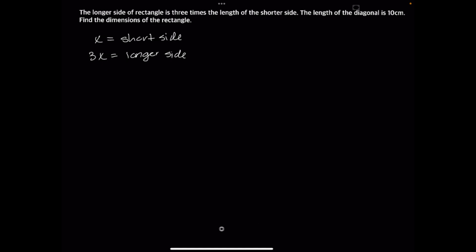What we do now is set out the Pythagoras theorem. So a squared plus b squared equals c squared. In this we have a equals x, b equals 3x, and c equals 10. So therefore x squared plus 3x squared equals 10 squared.